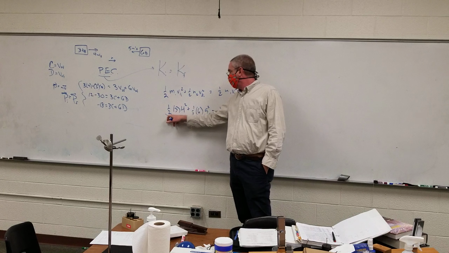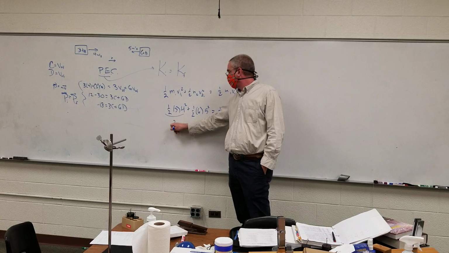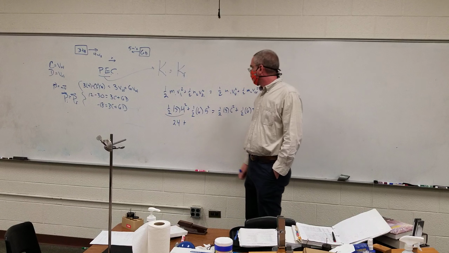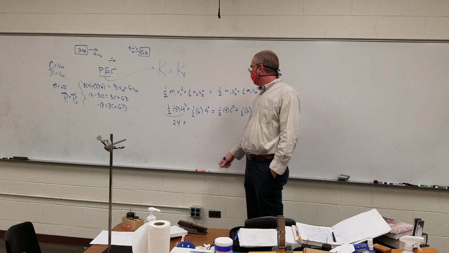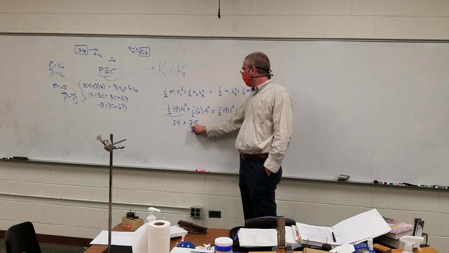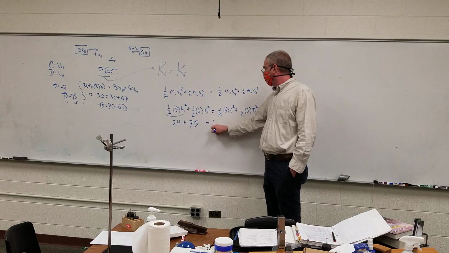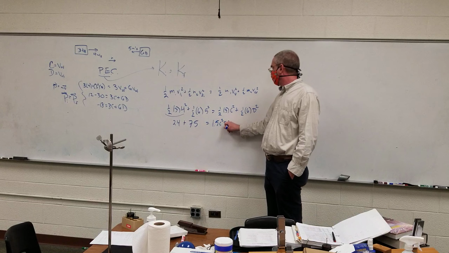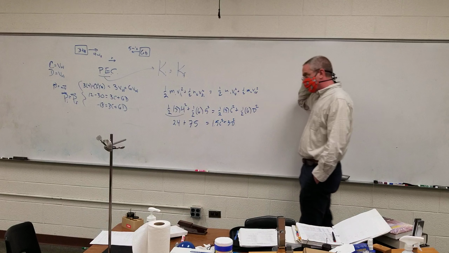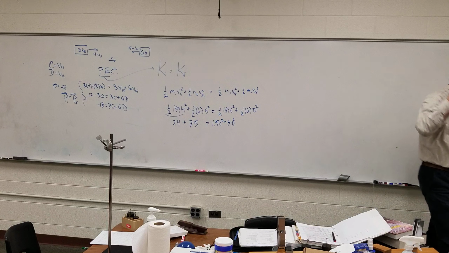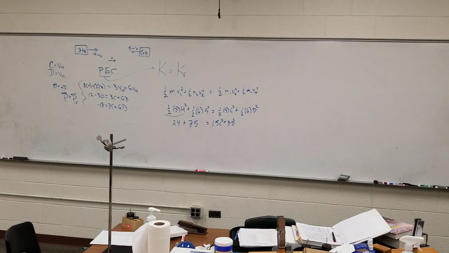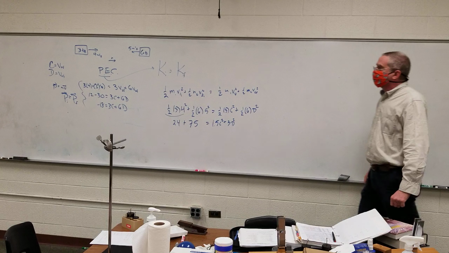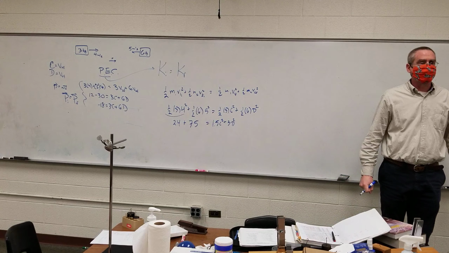And so this is 24 plus 75 equal to 1.5 c squared plus 3d squared. And that's sort of where we left the cliffhanger last time. It's now a math problem.